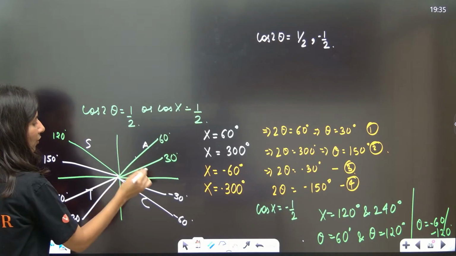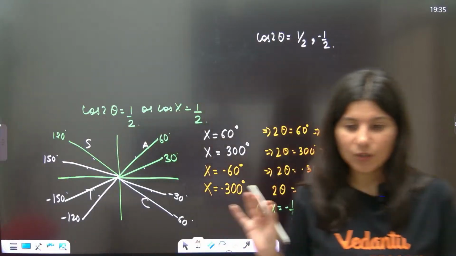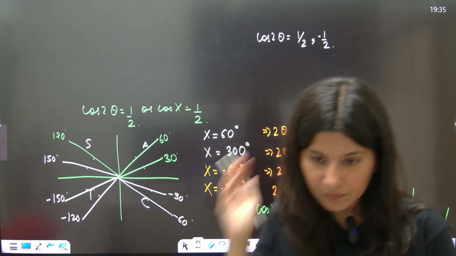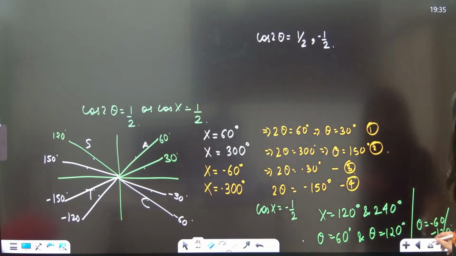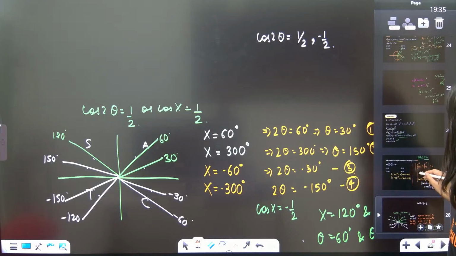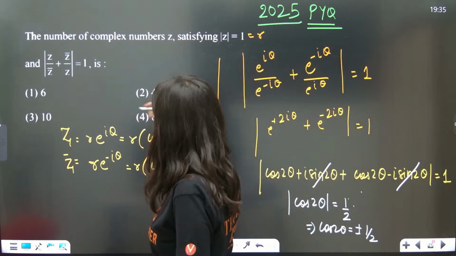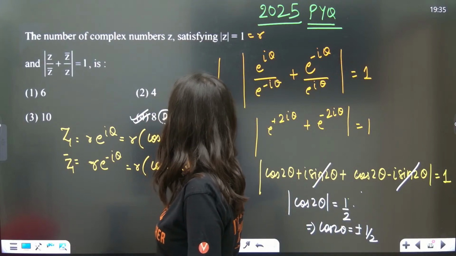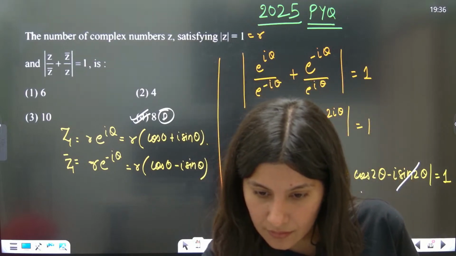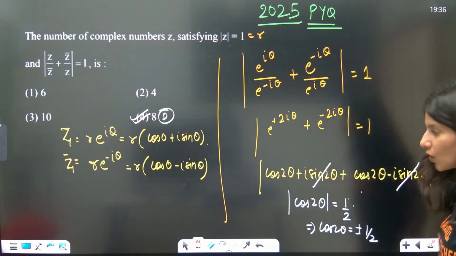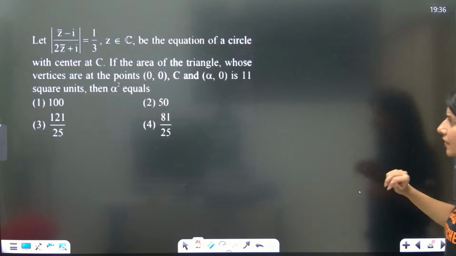So just tell me 1, 2, 3, 4, 5, 6, 7, 8. Okay, 2 in each quadrant. Okay. All right, clear? So over here, the answer will be 8 solutions, option D. Okay? All right, clear.